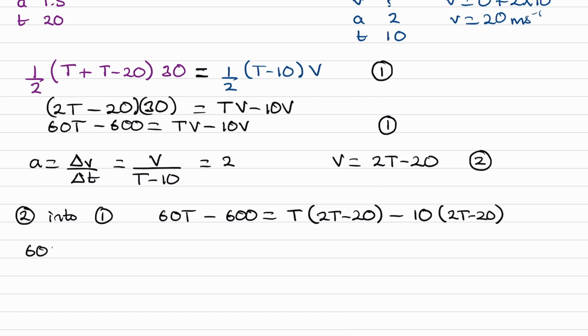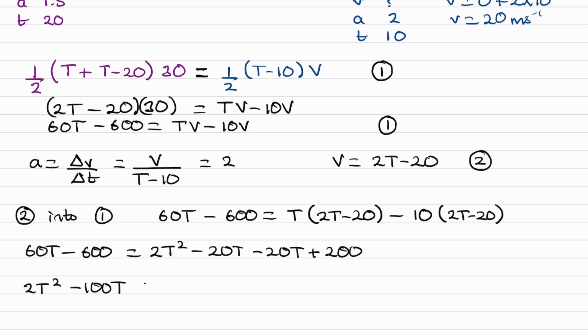Expand, 60t minus 600 is equal to 2t squared minus 20t minus 20t plus 200. I'll bring everything to the right, so we then end up with 2t squared minus 100t plus 800.